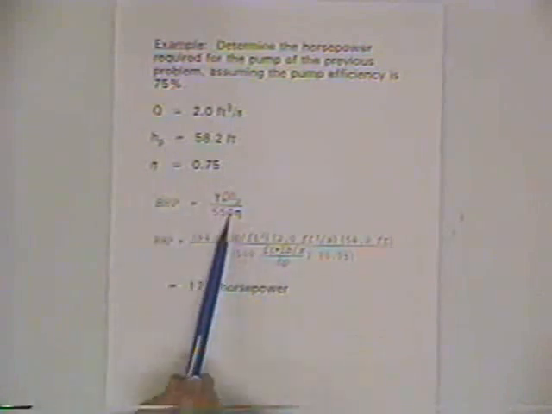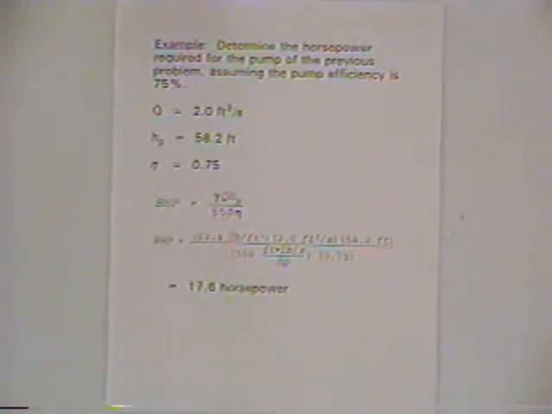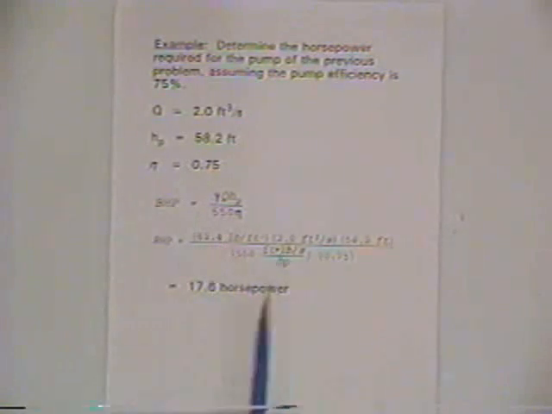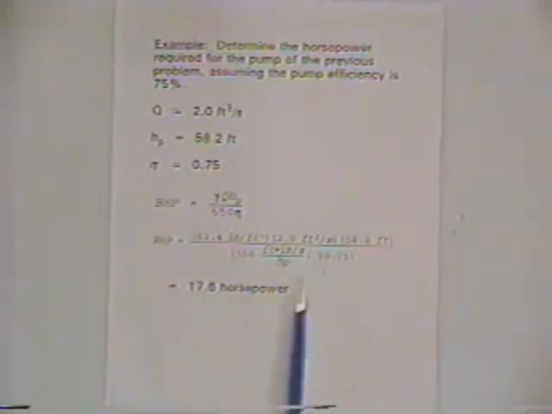In the metric units, the only difference, there'd be no 550. And so we plug in the numbers, the unit weight of the water, the discharge rate, the head, the efficiency, and we figure out that we need 17.6 horsepower. So we need a 17.6 horsepower pump to achieve what we set out to achieve in that previous example problem.